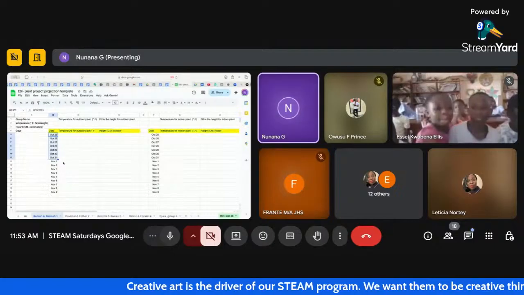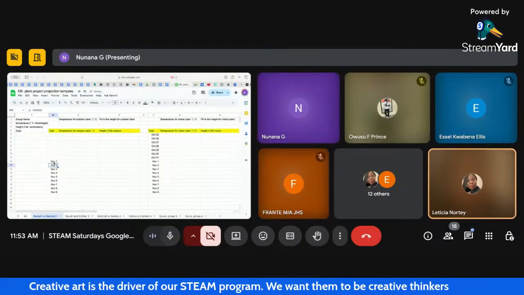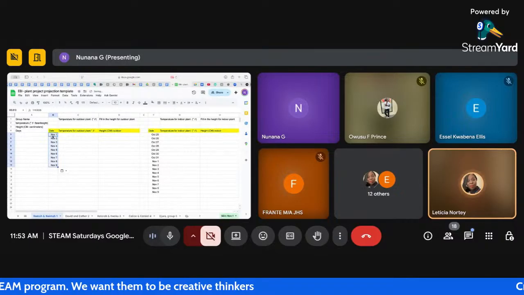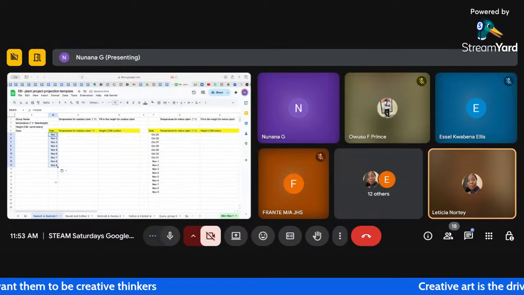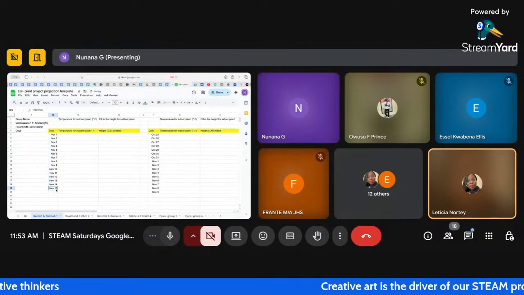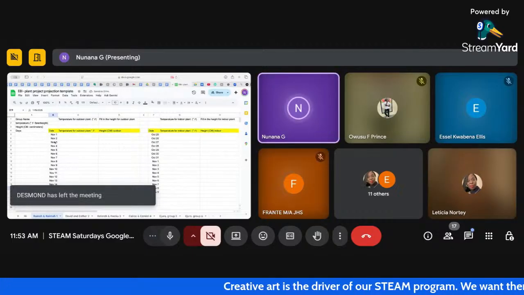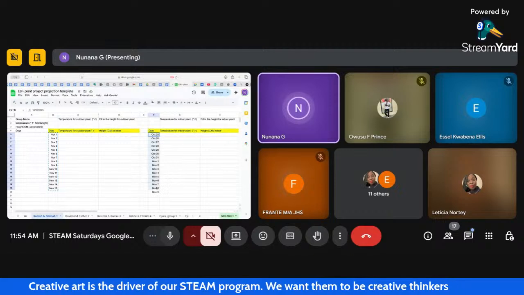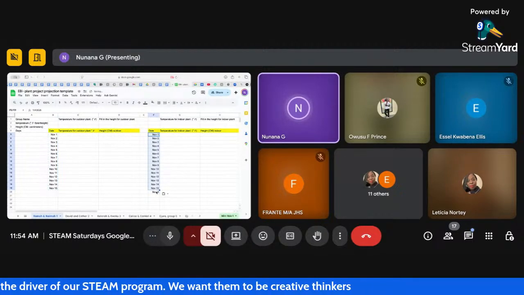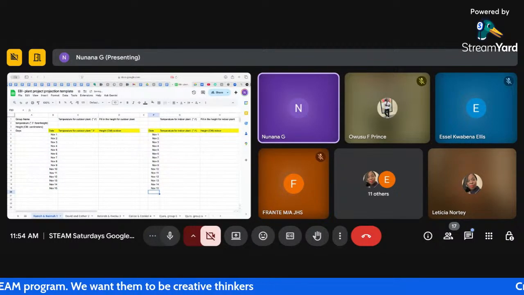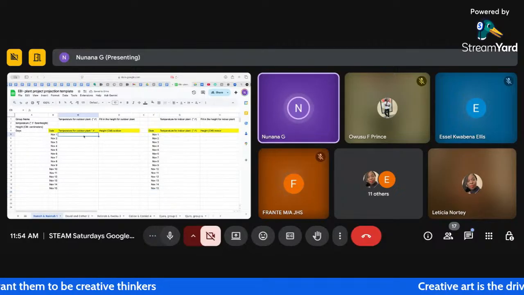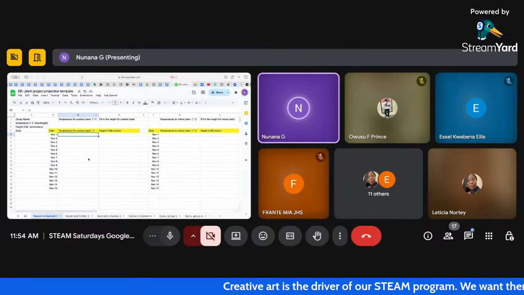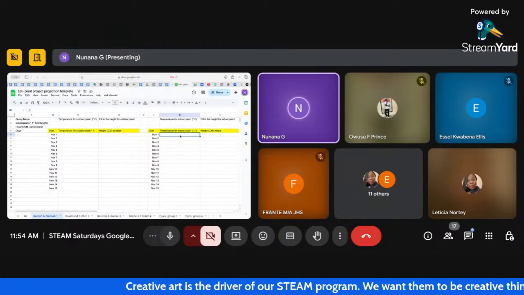So you guys will essentially, whatever day you start, preferably today, put the temperature there, outdoor versus indoor, right?